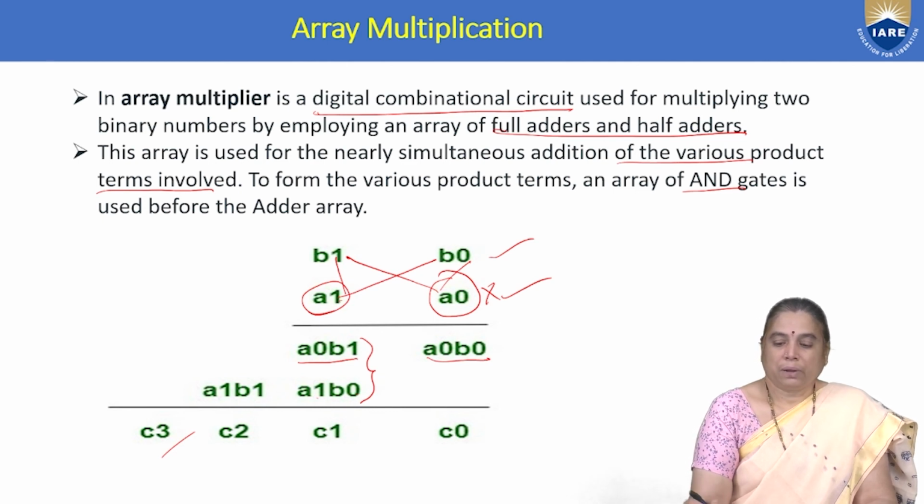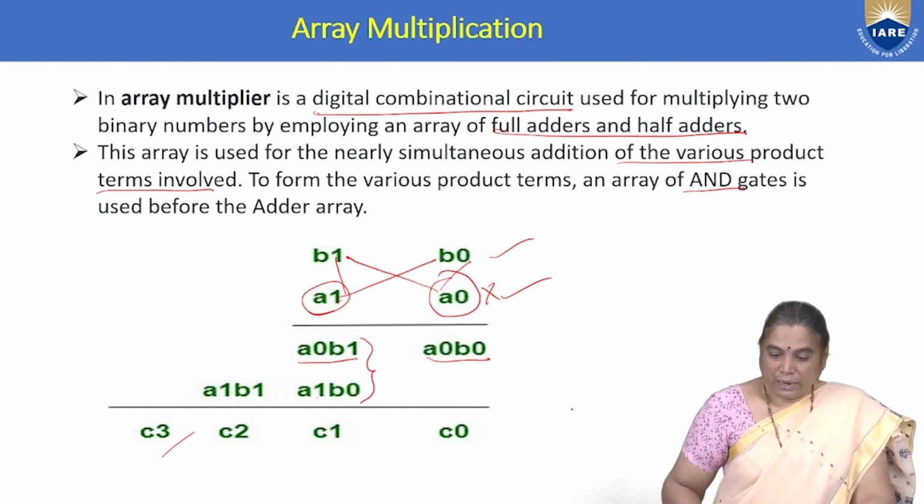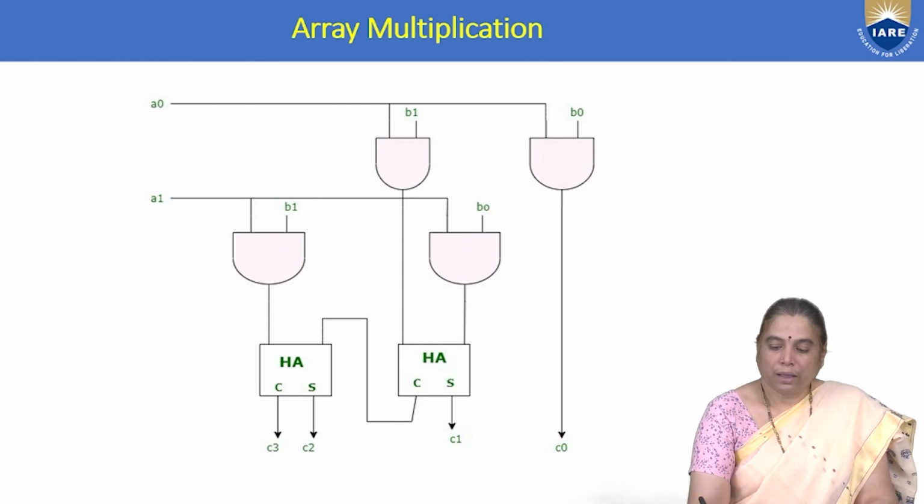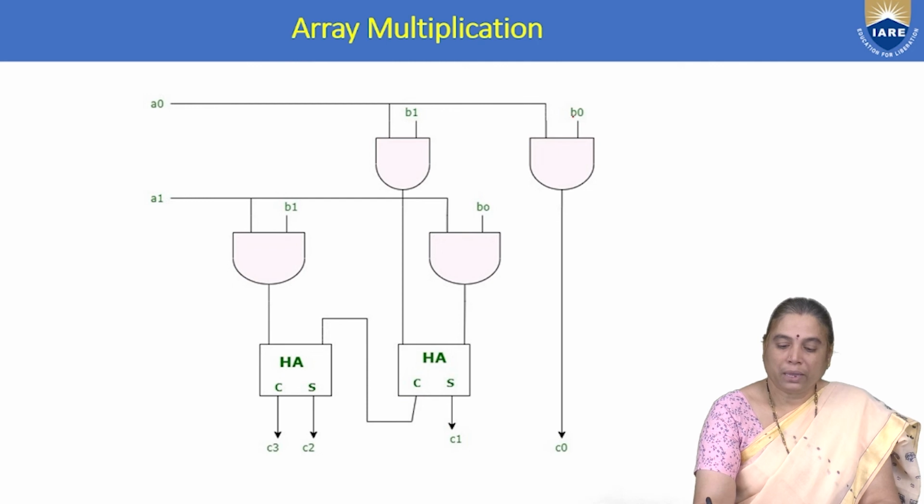How can this array multiplier circuit be built based on this example, where multiplicand B and multiplier A consist of 2 bits? So this is the AND gate. This AND gate receives 2 inputs, B0 and A0.